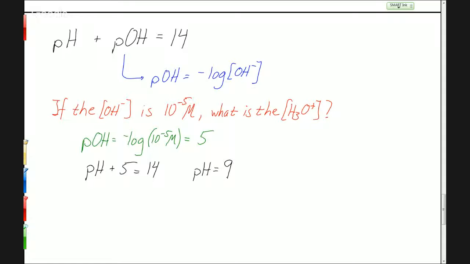It asks us for the hydronium ion concentration. So if we have a pH, how do we find a hydronium concentration? In other words, we have this kind of situation: the negative log of the hydronium concentration equals 9. So how do we undo a log?